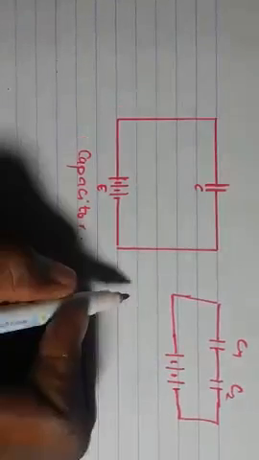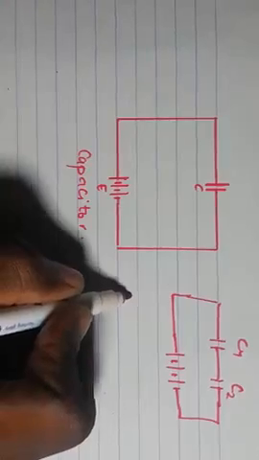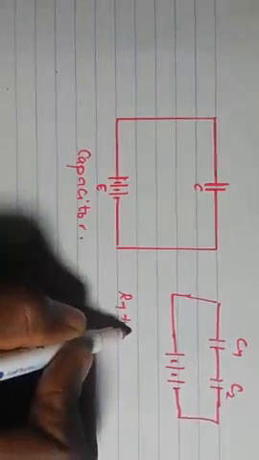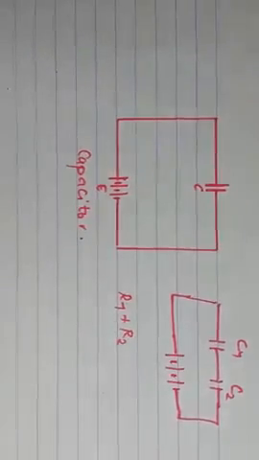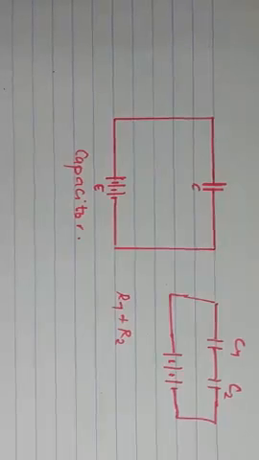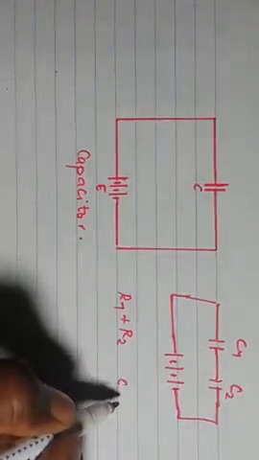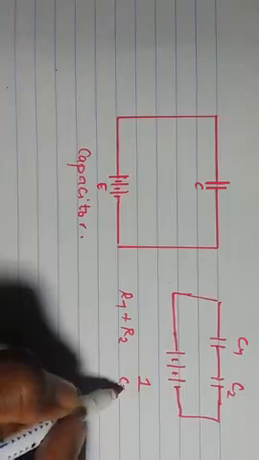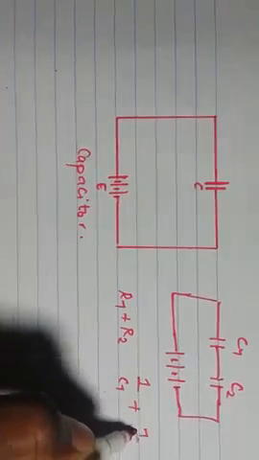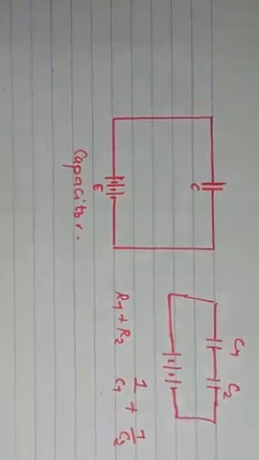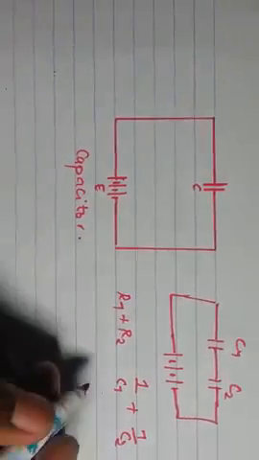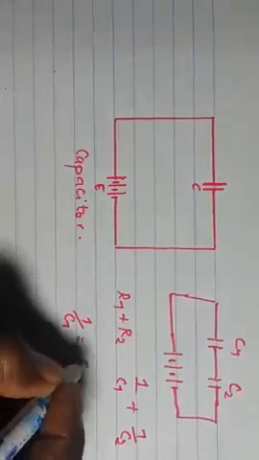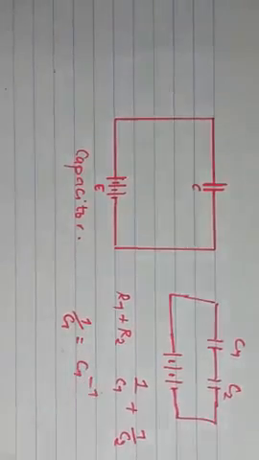Therefore, if resistance in series is calculated as R1 plus R2, then capacitors in series will be 1 over C1 plus 1 over C2, where 1 over C1 is the inverse of C1.